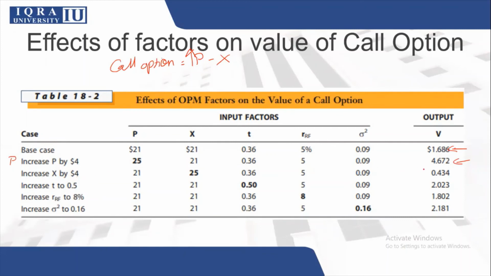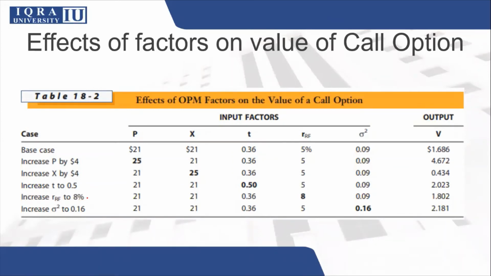If you increase X by 4, you can see that the value of the call option actually decreases, because if you increase this, then of course the call option value is going to go down. Then what happens if you increase T? If you increase T, the value of your call option is going to increase. And this is true for call and put. Okay, so moving ahead to the risk-free rate.